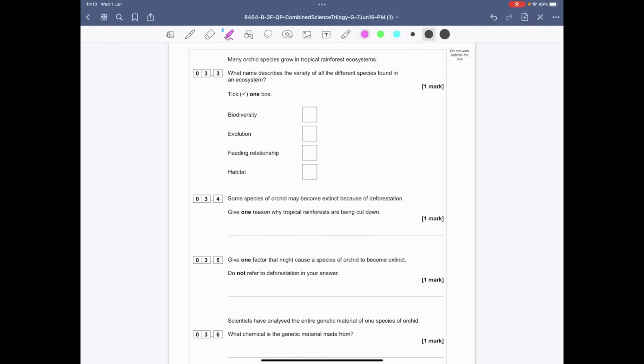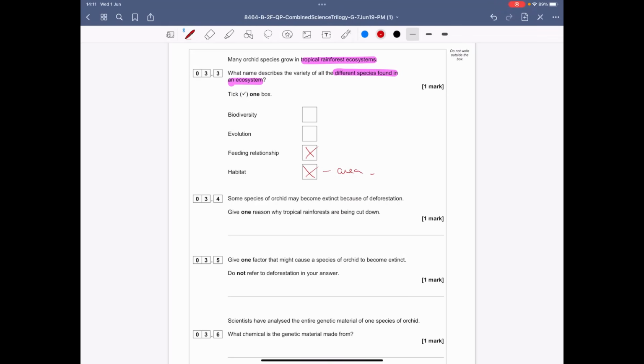Okay, so question 3.3 then. Many orchid species grow in tropical rainforest ecosystems. What name describes the variety of all the different species found in an ecosystem? Tick 1 box. Well, the habitat, that is the area in which they live, so that's not describing all the different species, so it's not that. Feeding relationships is not that.